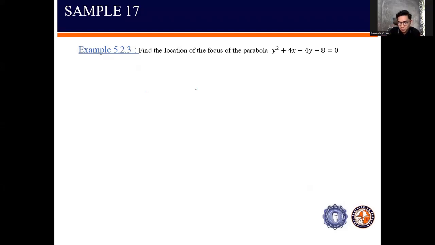So, again, sulat muna natin yung ating original or yung ating tinatawag natin na standard equation for this one. That is y minus k squared is equivalent to negative 4a then x minus h. Ayan siya. Okay, so gagawan lang natin ng paraan para maging ganitong form, yung ating general form maging standard form.